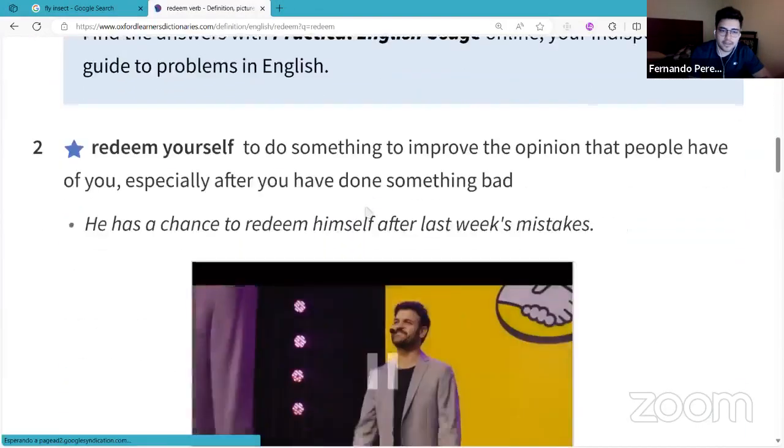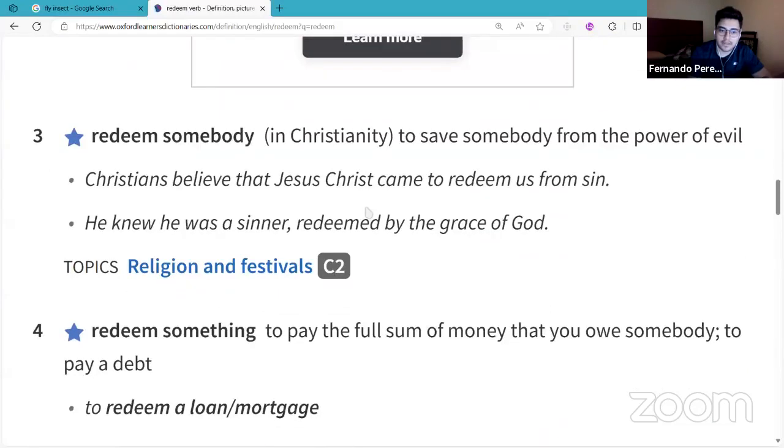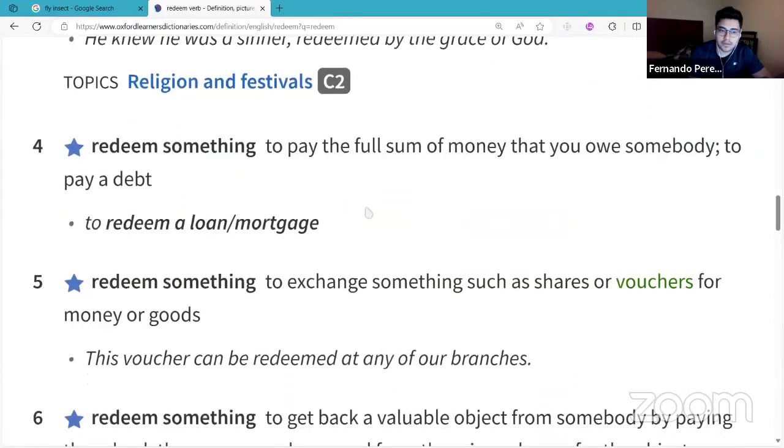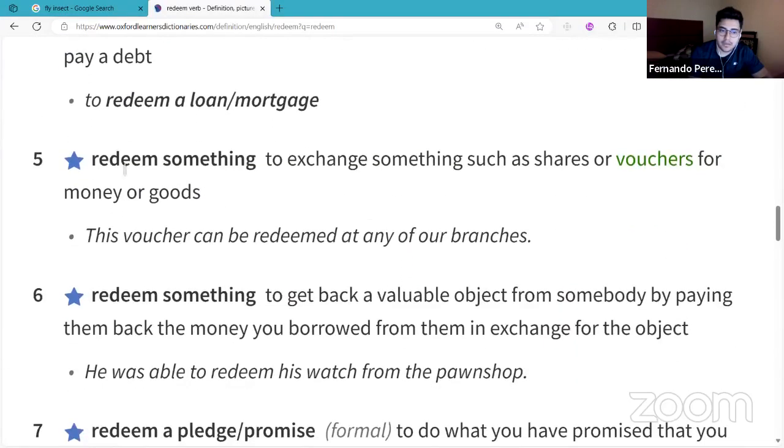Compensate? No, that's different. Number 5: to exchange something such as shares or vouchers for money or goods. This voucher can be redeemed at any of our branches, like coupons, for example.